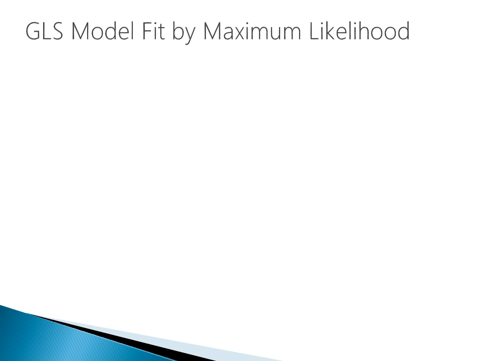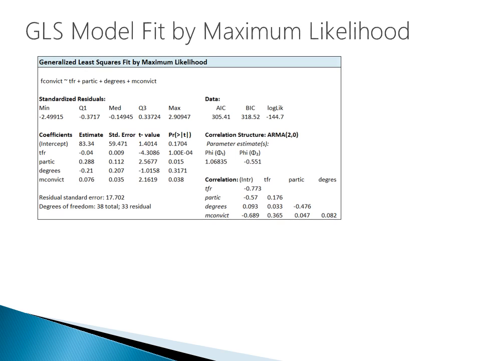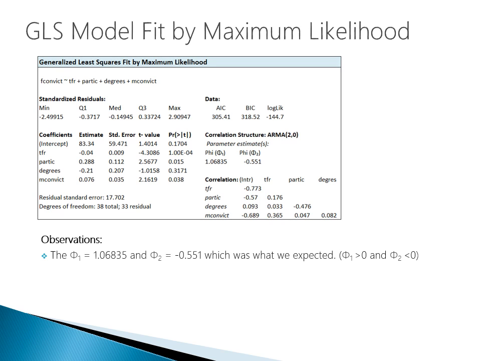Now that we've produced the model, let's take a look at the model fit for the GLS model. One observation is that phi1 is equal to 1.06835 and phi2 is minus 0.551, which is what we expect. We expect that phi1 is greater than 0 and phi2 is less than 0.